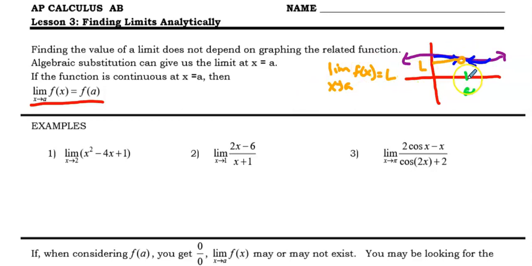Because L is actually a solution to this function. Now I want to make sure that we're clear about that. That's not what the limit's telling us. F of a, this guy right here, that's what's saying that it's actually defined there. We're just looking at the behavior of it. But if it's a continuous function at that value, they're going to be the same. So that's why this is here.